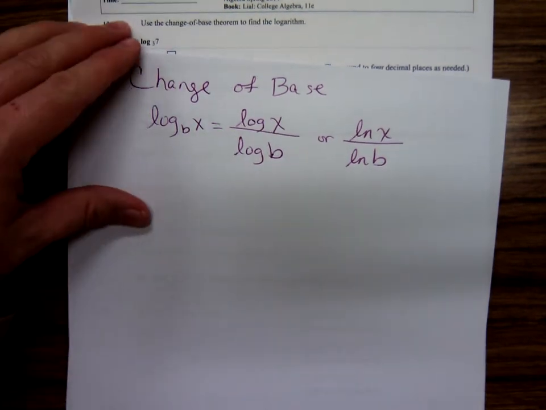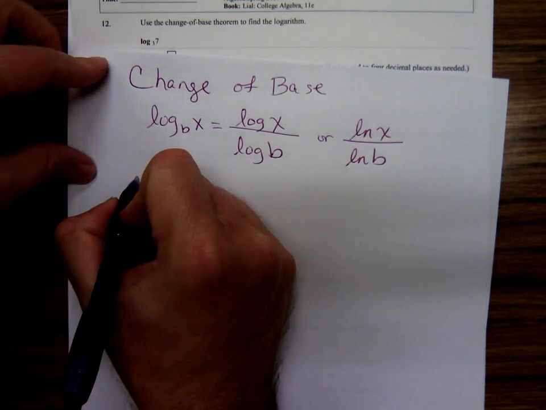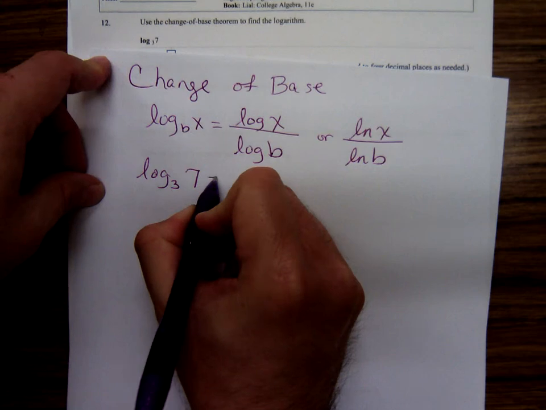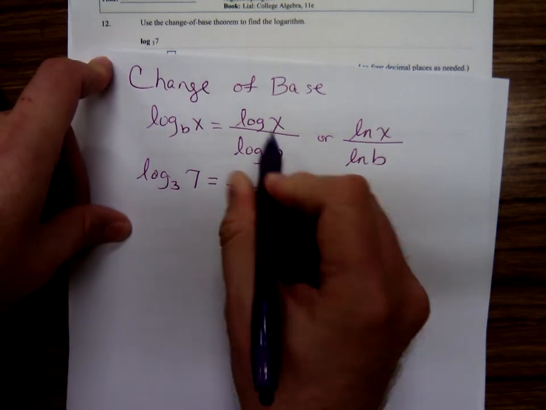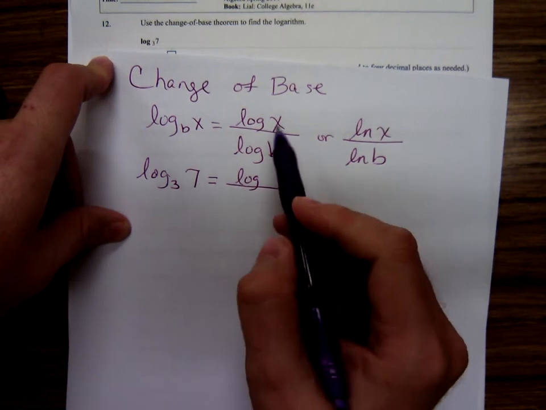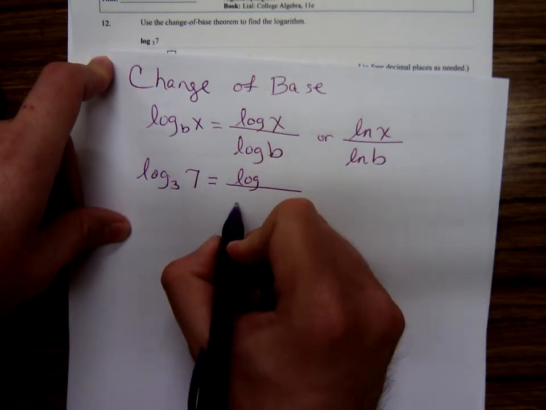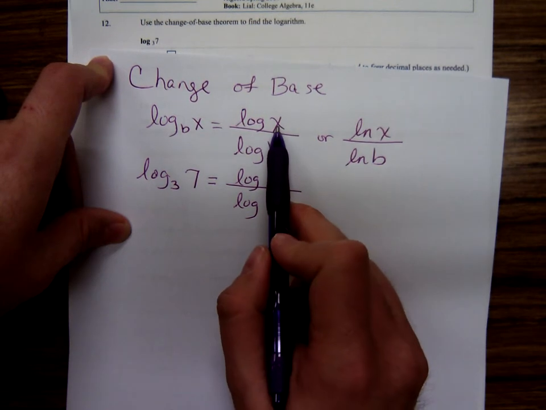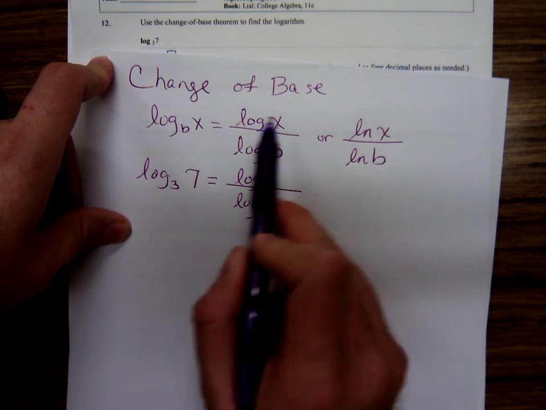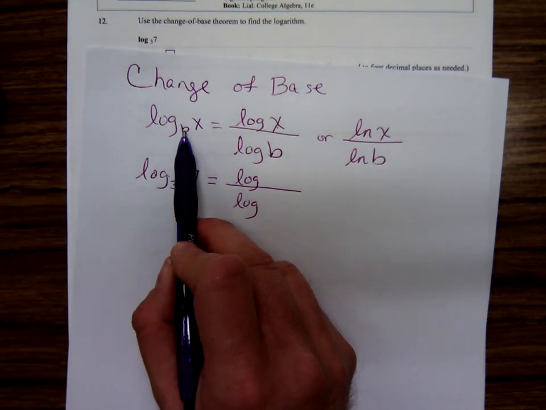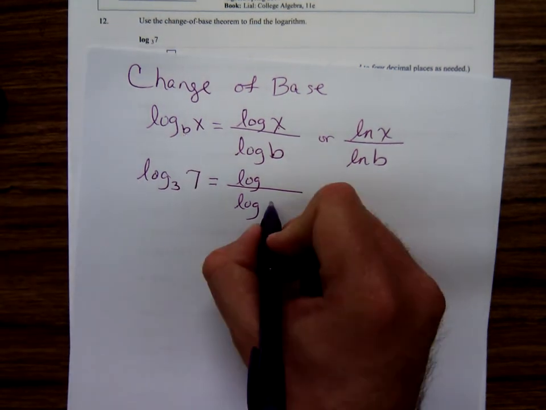So with something like log base 3 of 7, if we want to use the log key, you'd go log, and then the number. You've got to remember which one goes above and which one goes below. Well, the number that's up on top is the one that's written higher. Notice how the base is a subscript, so it's written lower. That's the one that goes on the bottom.